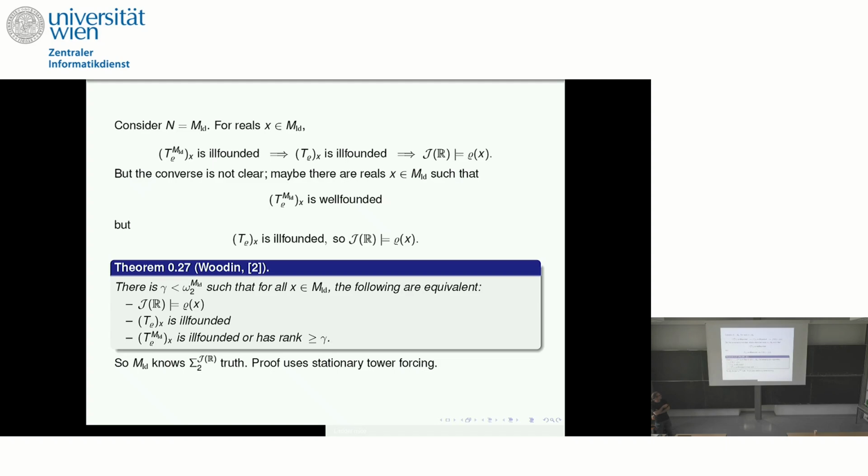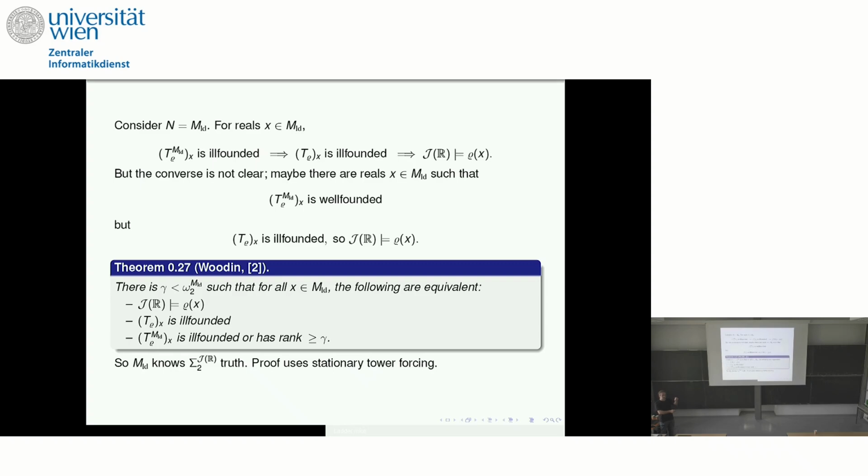Woodin dealt with this problem by showing that there's actually an ordinal gamma less than the omega_2 of M_ladder, such that for all those reals x, J_R satisfies rho(x) if and only if the true tree at x is ill-founded. Well, these are already equivalent. But this is equivalent to M_ladder's version of the tree section at x being either ill-founded or having rank at least gamma.